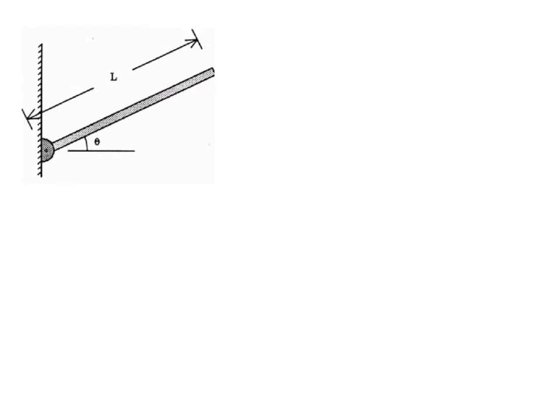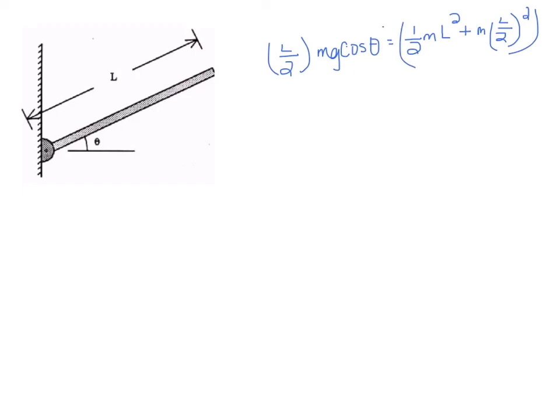So L divided by 2 times mg cosine theta is equal to 1/12 mL squared plus m times L divided by 2 squared, times alpha. Now if we simplify this right-hand side, we get 1/12 mL squared plus mL squared over 4.